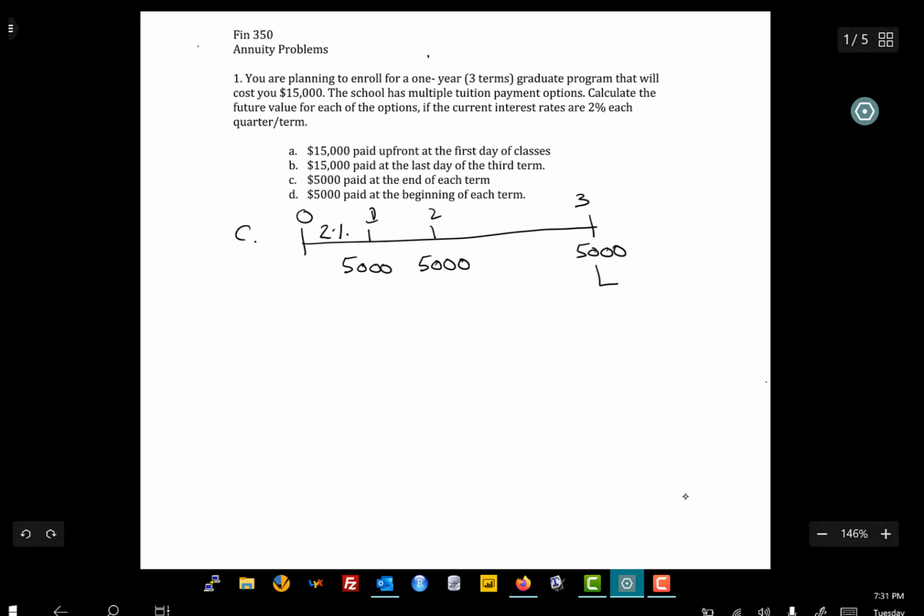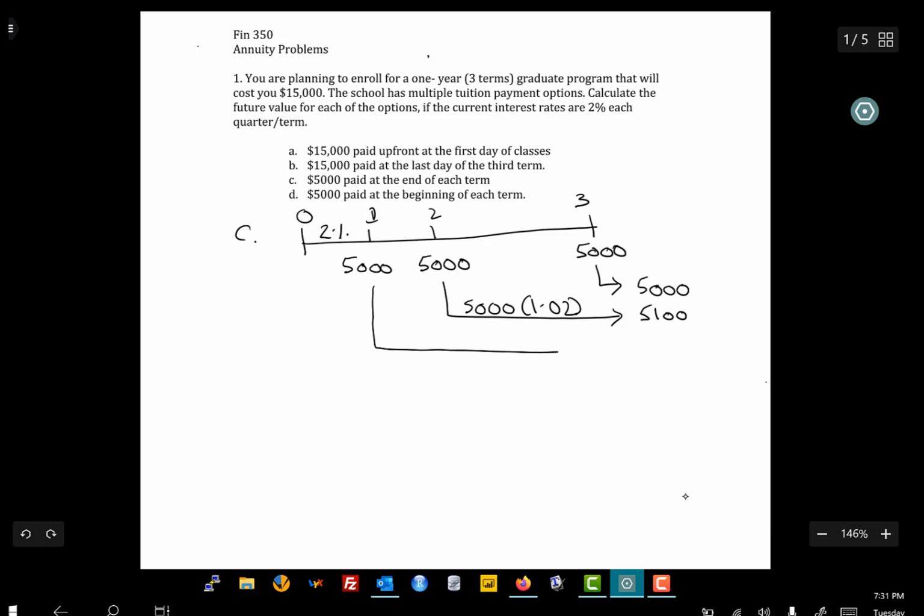So we'll solve for them separately. The first 5,000 doesn't earn any interest because we're moving from time period 3 to time period 3. So this is just 5,000. The second 5,000 moves from time period 2 to time period 3, so that's 1 period over. It gets interest once, so 1.02, and it's 5,100.